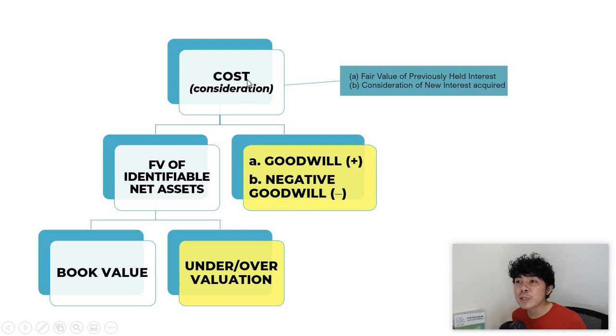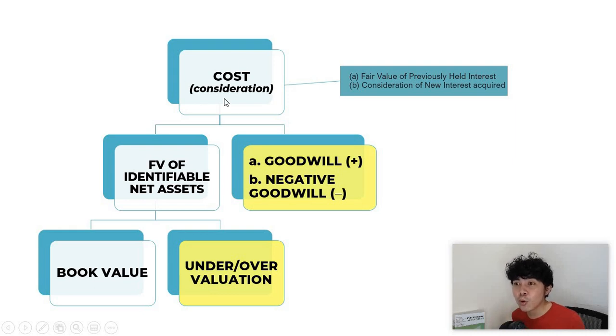Again, kapag mas malaki ang consideration, yung pinangbayad, kaysa sa binili, yung identifiable net assets, ang difference is goodwill. Ibig sabihin, hindi lang identifiable net assets ang binili mo. Kasama mong binili yung ibang factors or attributes ni associate na hindi makikita sa identifiable net assets. And that is in the form of goodwill.